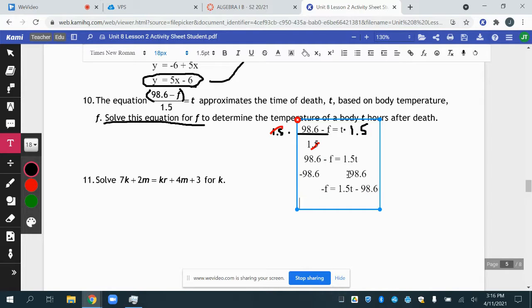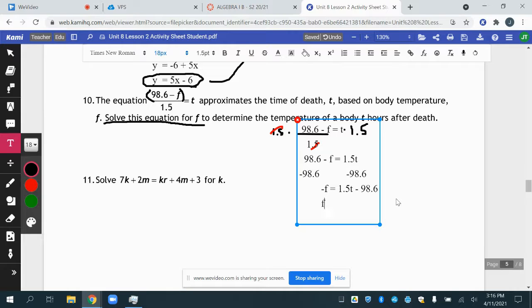All right, now I just need to get rid of that negative in front of the F. The way I do that is by multiplying by a negative, because a negative times a negative makes a positive. They cancel out. So I'm going to multiply everything times -1. Everything. Remember, when I multiply or divide, I multiply everything. Each term, this guy, and that guy. Which means everything's just going to switch sign.